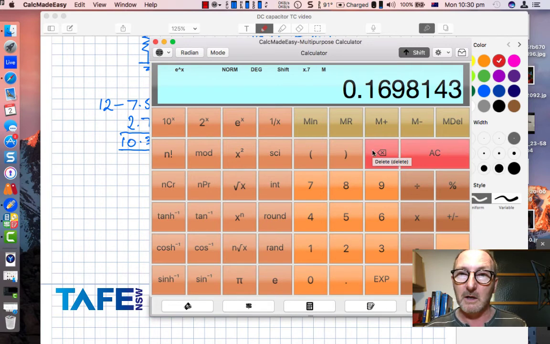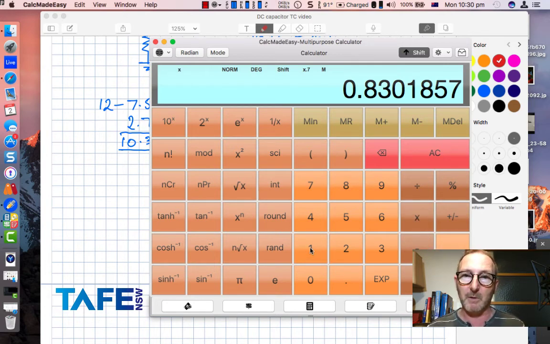So I'll have to subtract that from 1, which in my case the easiest way is to just make it a minus and then add 1 to it. So 0.8301, and then if I multiply that by 12 volts, bang, I'll get 9.96 volts.